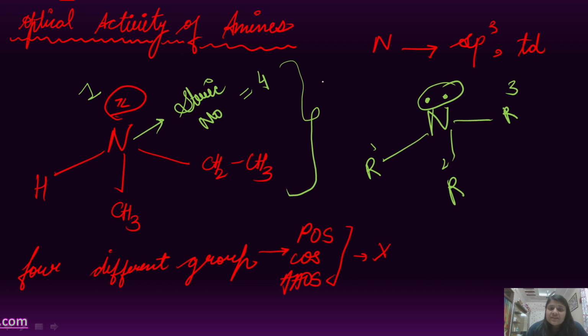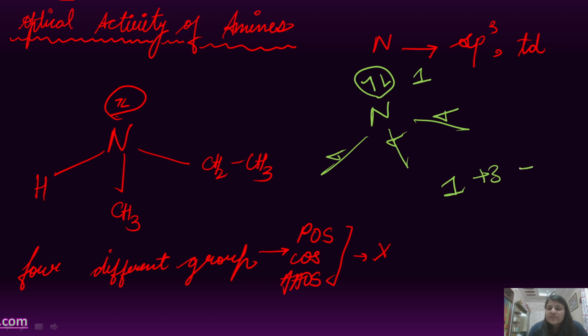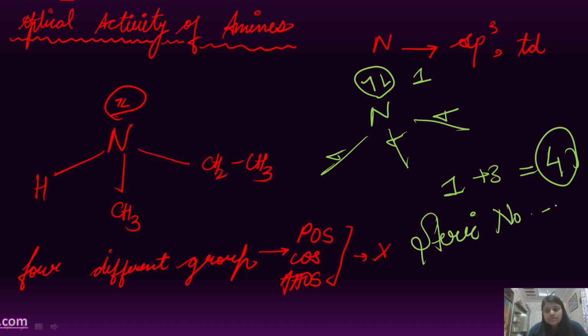Now consider this structure of an amine. The structure has 1 lone pair and 3 sigma bonds, 1, 2 and 3. So we have 1 lone pair and 3 sigma bonds, which equals 4, so our steric number is equal to 4.